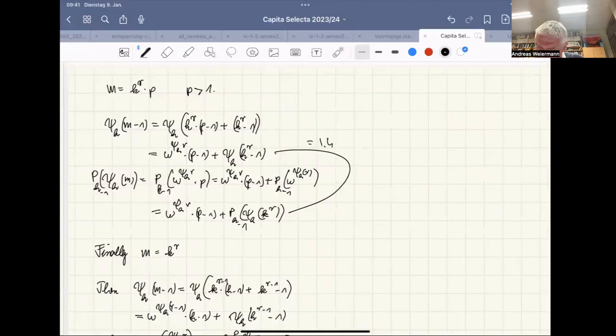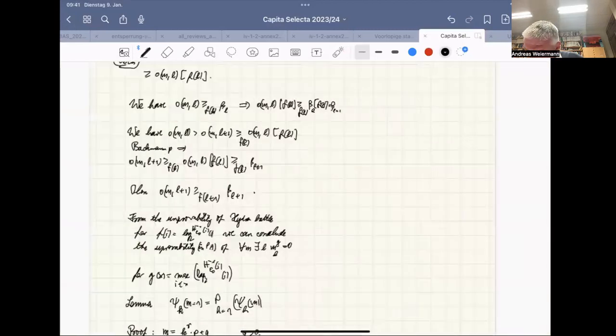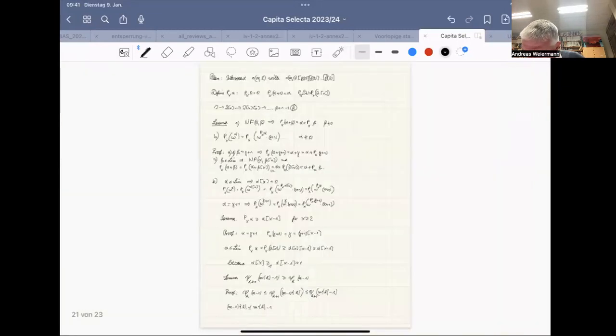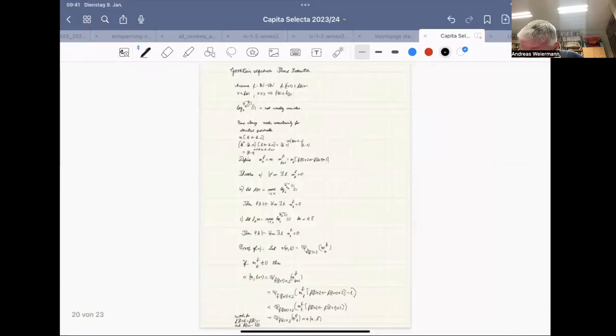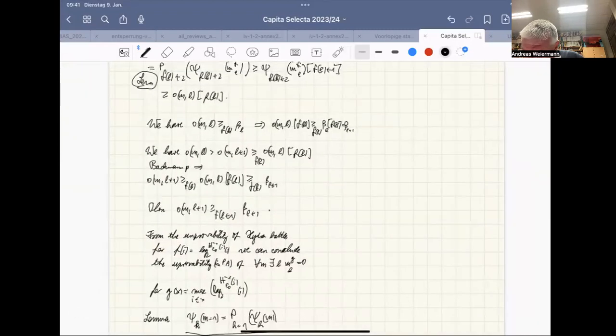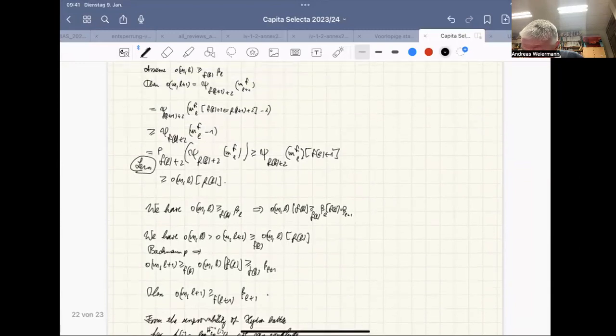So we have shown this modified statement. Now we have to figure out what this means for our proof. So here this plus 2 becomes f of L plus 1.